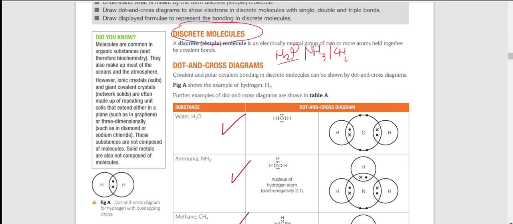When the two atoms or the three atoms or the four atoms constituting the molecule are balancing the charge electrically, they are making the molecule neutral.